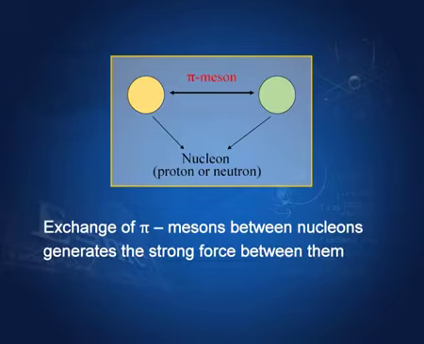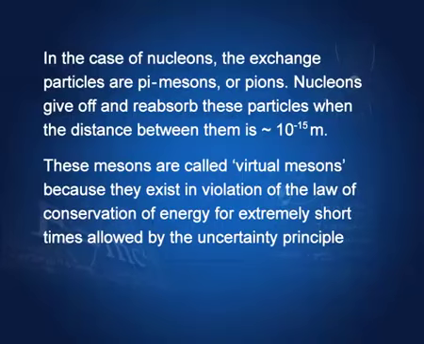You remember, delta E times delta T is equal to h cross. So, if there is any fluctuation in energy, say delta E, then it can exist for a time delta T, which is equal to h cross by delta E. So, that is what it means: these mesons are virtual mesons because they exist in violation of the law of conservation of energy for extremely short times, allowed by the uncertainty principle.